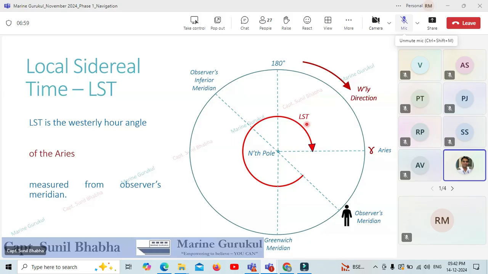When you measure this angle in degrees, you divide it by 15 and you will get the LST in units of time also, hours, minutes and seconds. So this is the definition of local sidereal time: westerly hour angle of Aries measured from the observer's meridian.